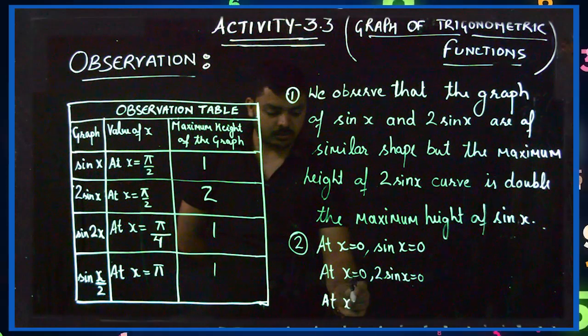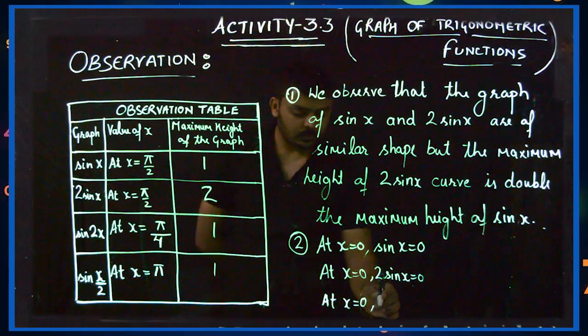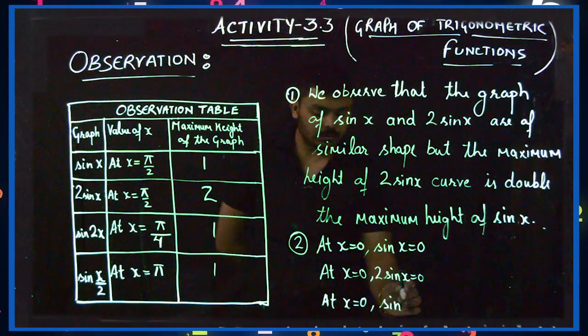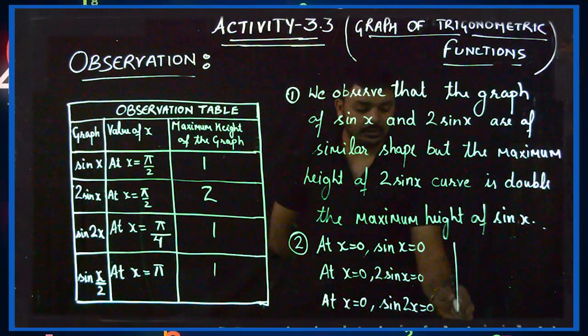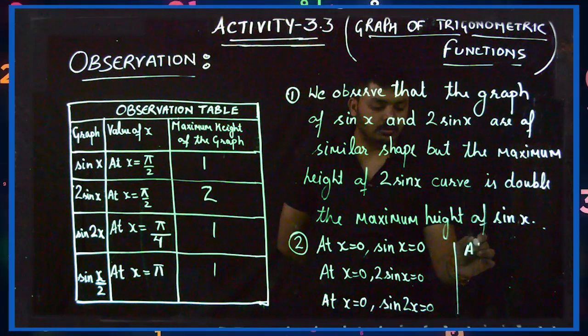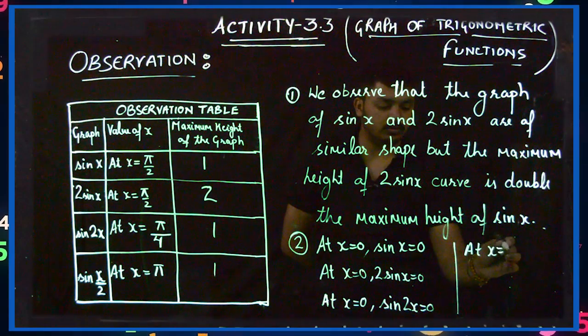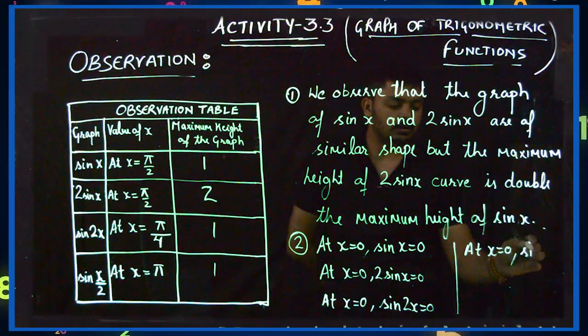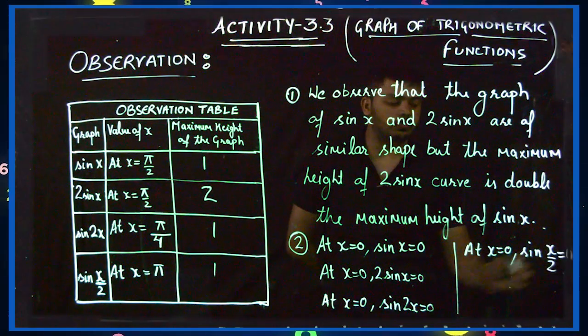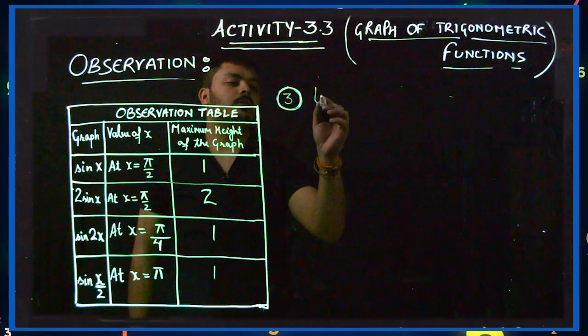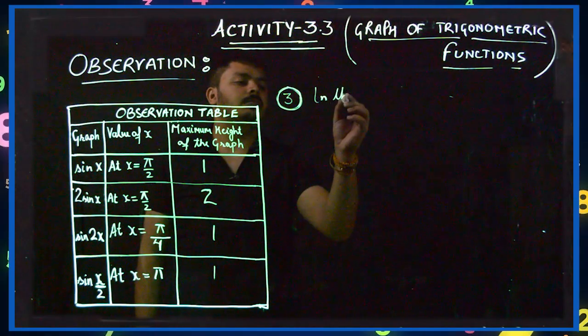At x equals to 0, sin 2x is equal to 0, and at x equals to 0, sin x by 2 is also equal to 0.